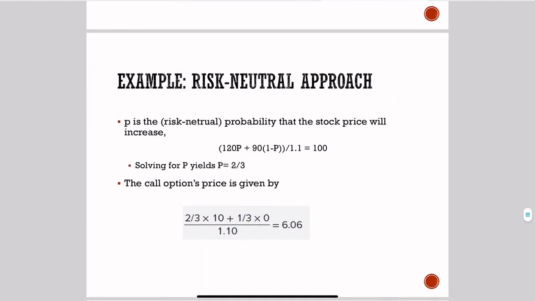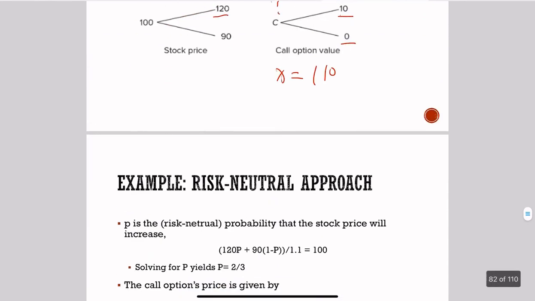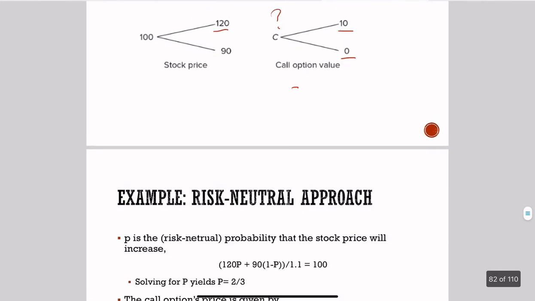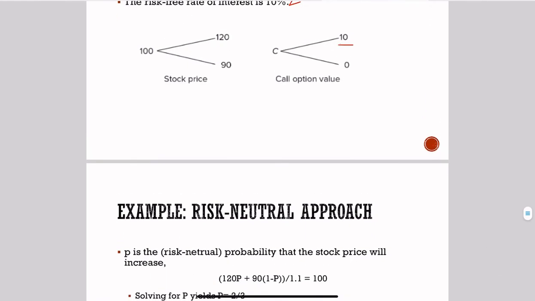So let's assume something like this. I'm just using a very vague word, something. So let's do this. So you can see that what I'm doing here is I am trying to discount the stock's future payoffs, 120 and 90.